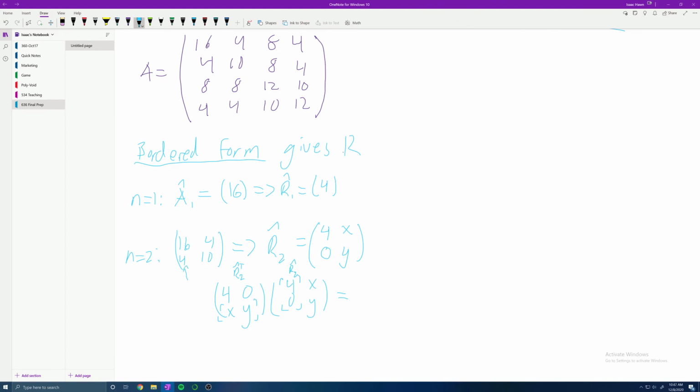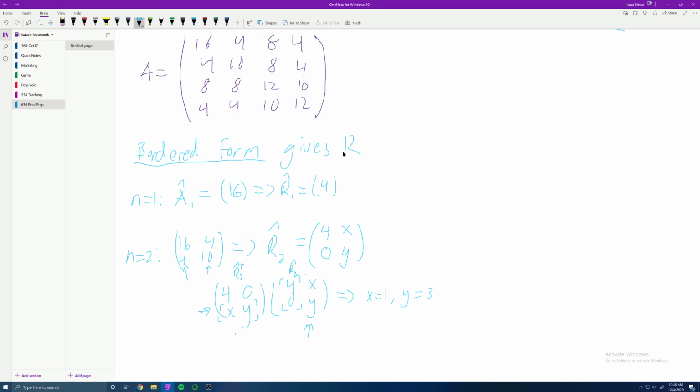So we know that x has to be 1 then. X is 1. We know that when we multiply these two entries right here, that's going to be this entry right here, 10. So we know that x squared plus y squared is 10. We know that x squared is 1. So that means y squared has to be 9. So that means y is 3. Y is 3.